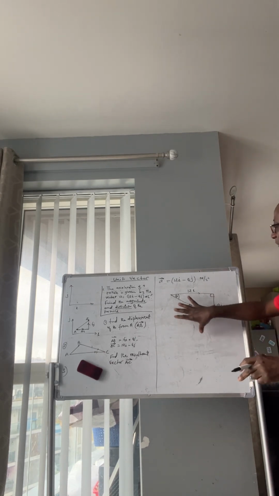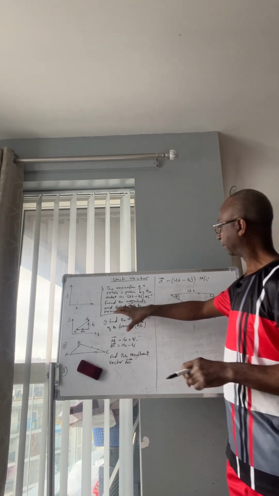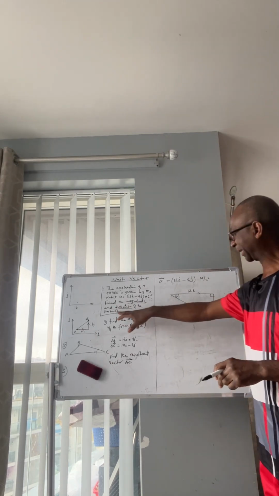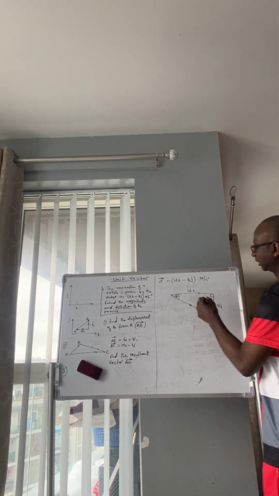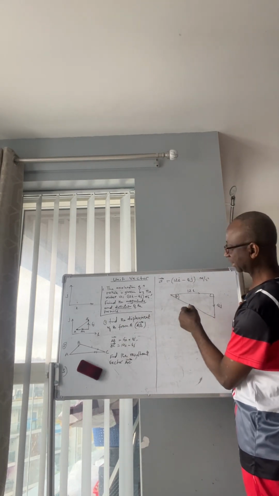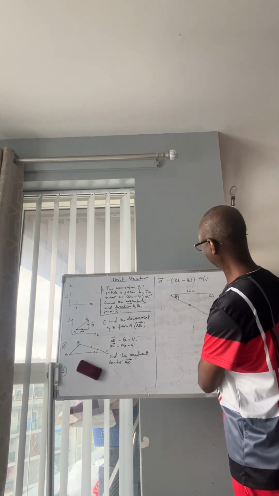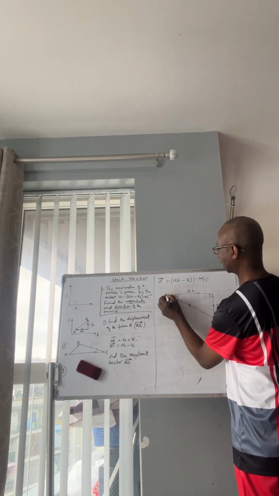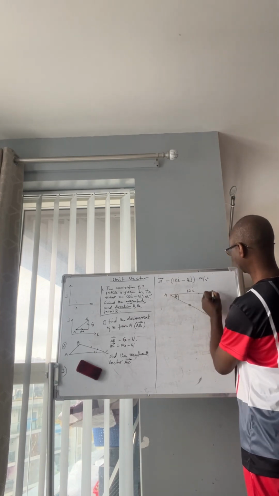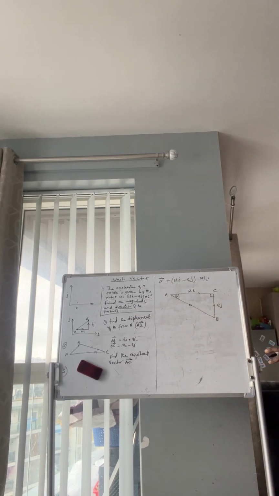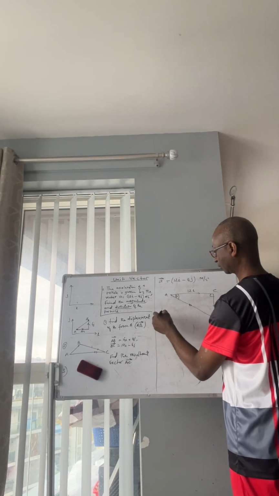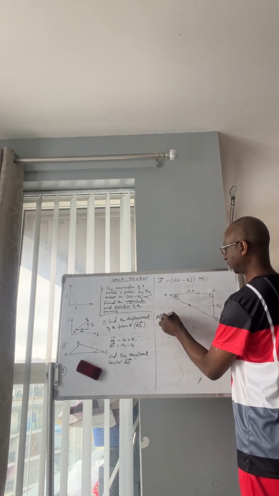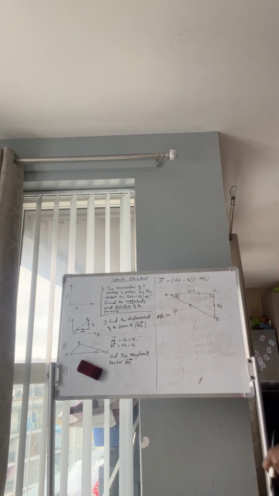For you to find the magnitude of the particle, or the resultant, let's label the triangle A, B, C. AB is what you are looking for.